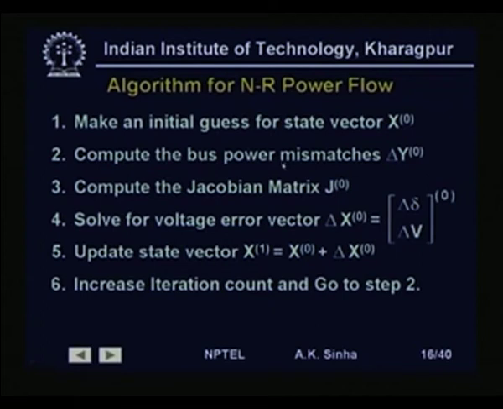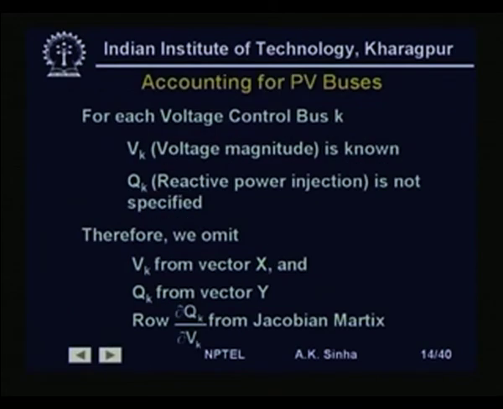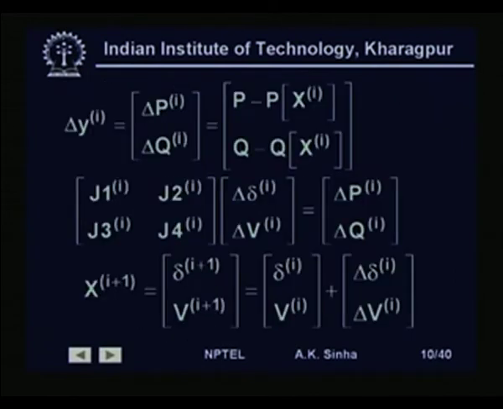Now, compute the bus power mismatches delta y 0. Once we have made the guess of V and delta, substituting the values of V and delta into the equations for real power and reactive power, we can find the mismatch using this relationship: P specified minus P calculated with x at the initial guess, and Q specified minus Q calculated with x at the initial guess.